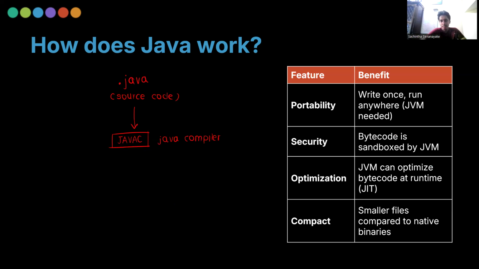Because the compiler produces machine code, we are hoping the Java compiler also produces machine code. But frankly, the Java compiler produces something called bytecode. It doesn't produce machine code. This bytecode is our intermediate code.